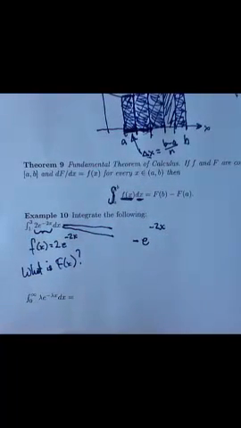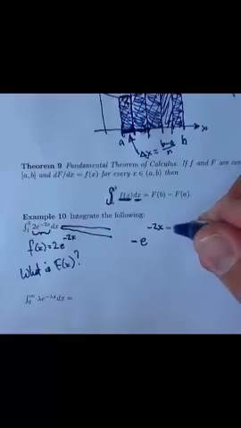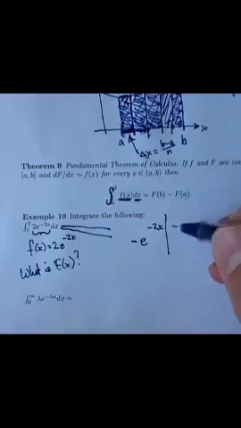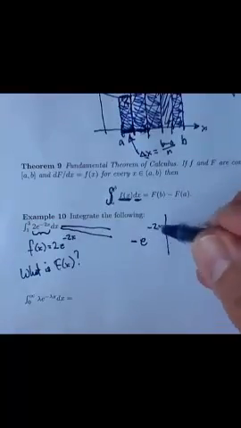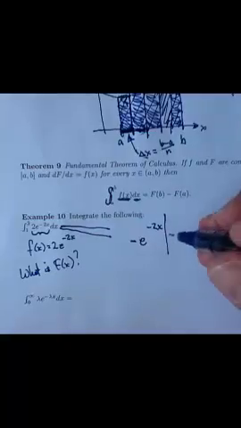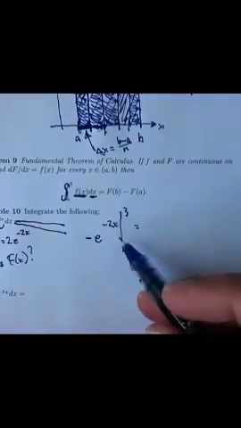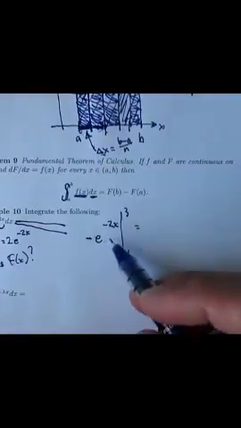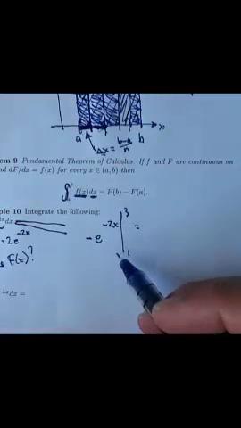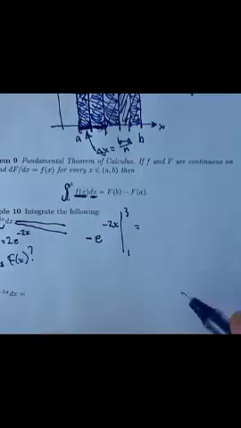Okay. Good. So this is just shorthand notation for evaluating this function at the two limit points. What it really means is take the limit of this as x goes to 3, minus the limit of this stuff as x goes to 1.